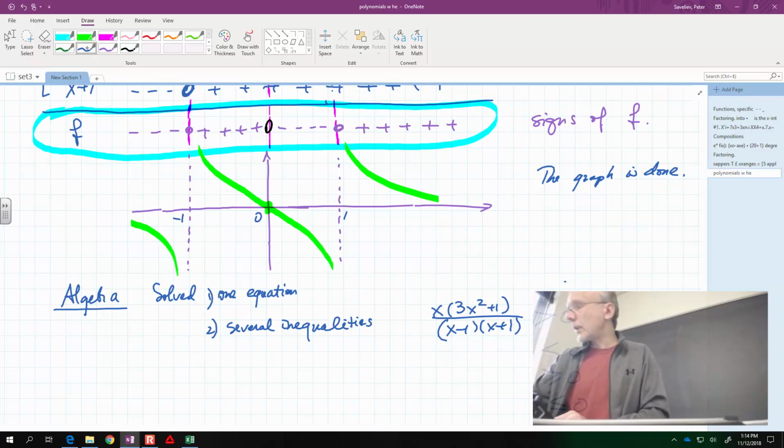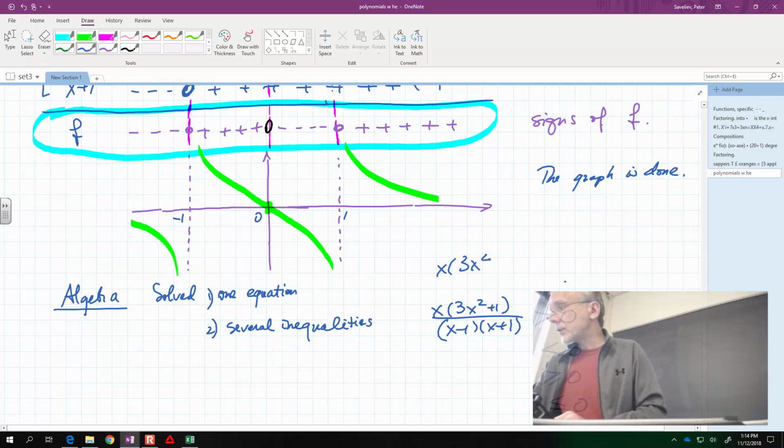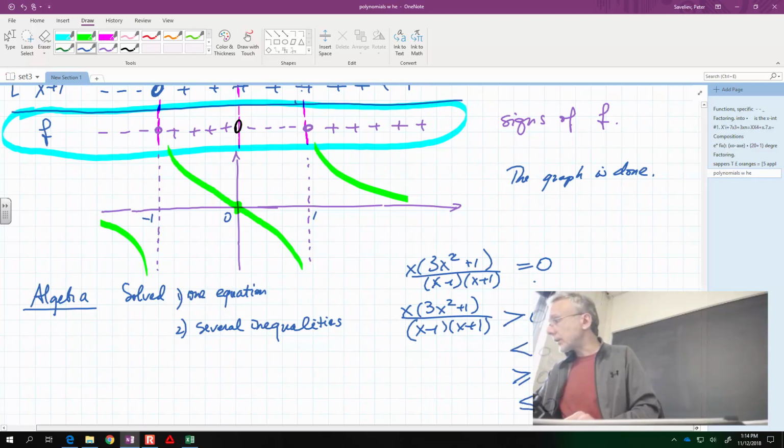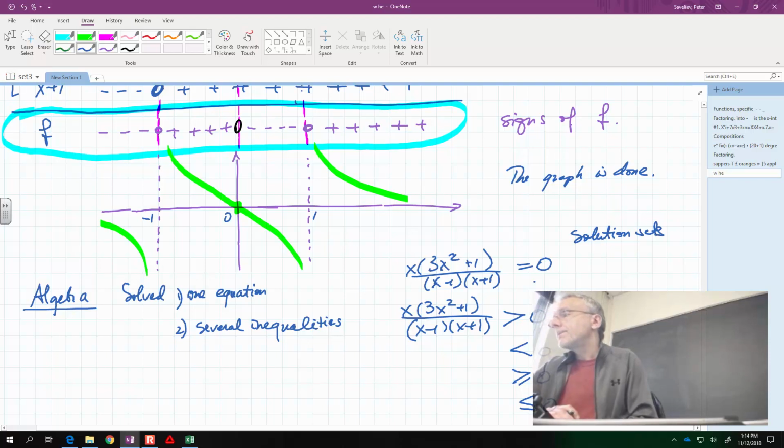Okay, so number 1 is x(3x squared + 1)/((x - 1)(x + 1)) equal to 0. This solution set, which is what I'm interested in right now, is the x. What's the solution set? I will be listing solution sets here.